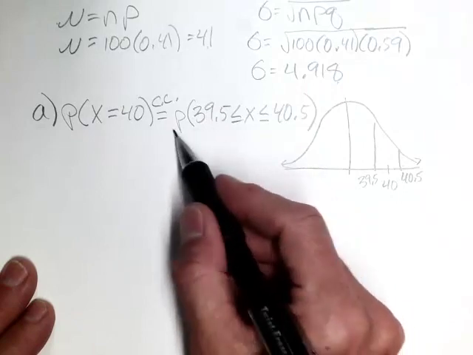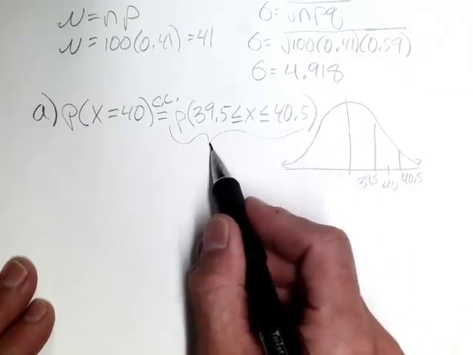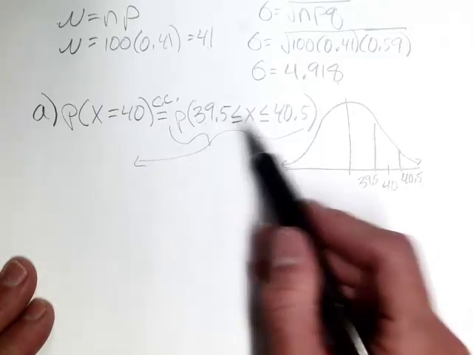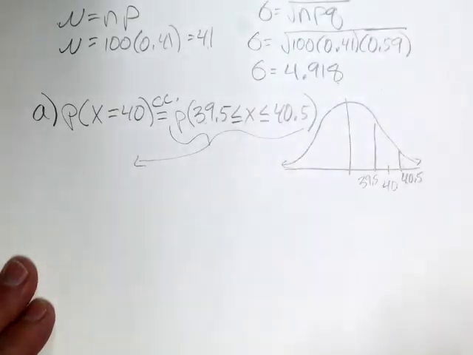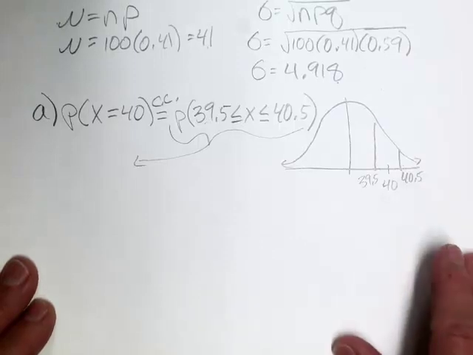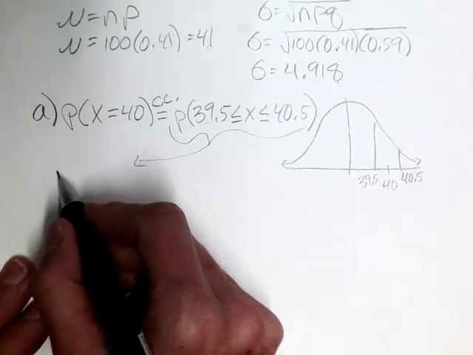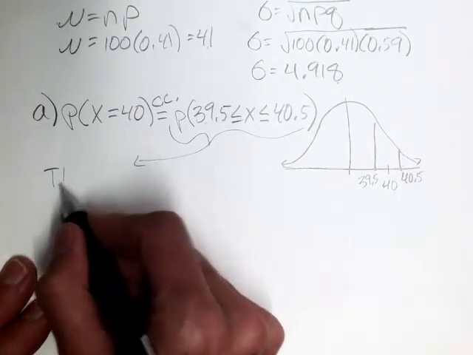From this step, we could either standardize each of these endpoints, in other words, convert to z-scores and use the z-table, or you could use the TI-84, which is what I did. In the calculator, I use the normal CDF.